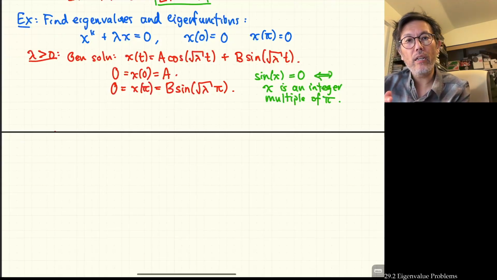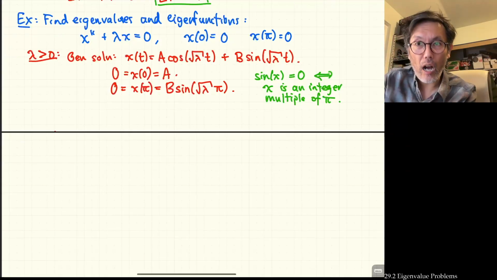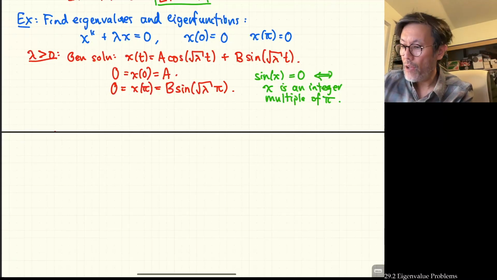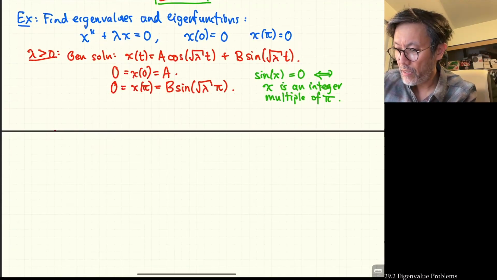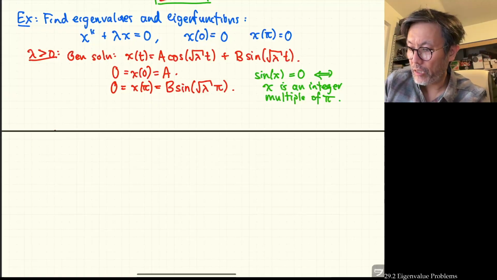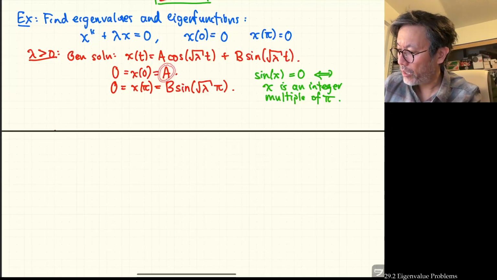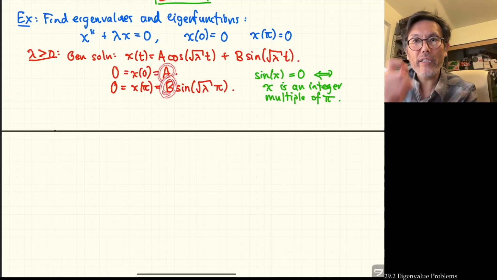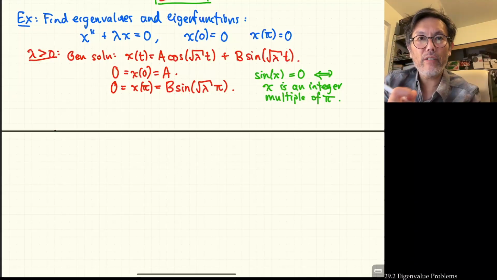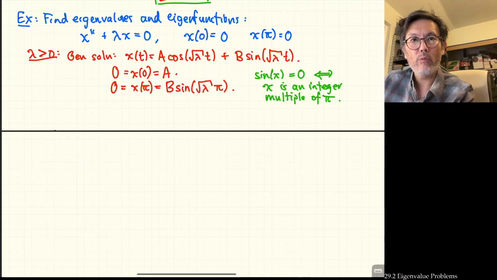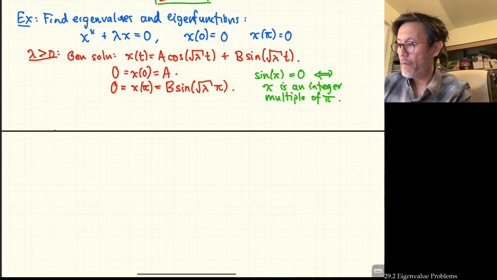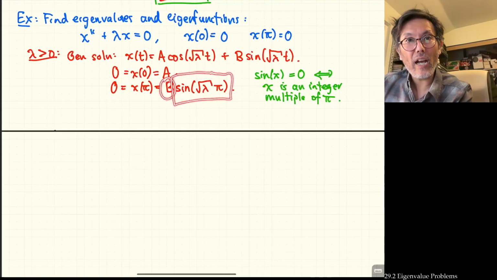So in particular, if we want lambda to be an eigenvalue, then, because a is already 0, we need b to be non-zero to give rise to an eigenfunction with eigenvalue lambda. But if b is non-zero, that forces sine of square root of lambda times pi to be 0 to satisfy the boundary condition.